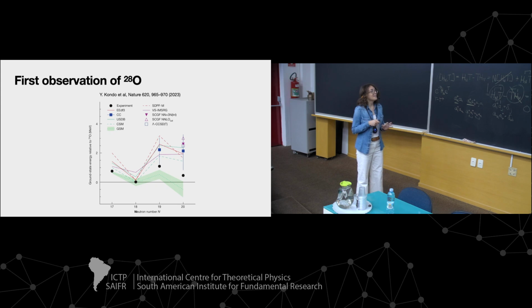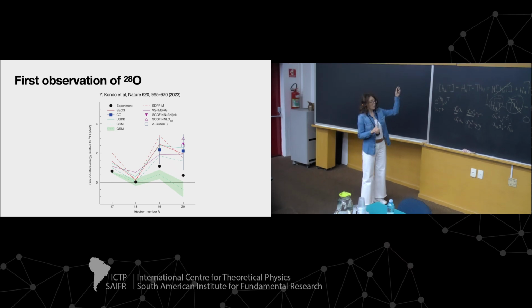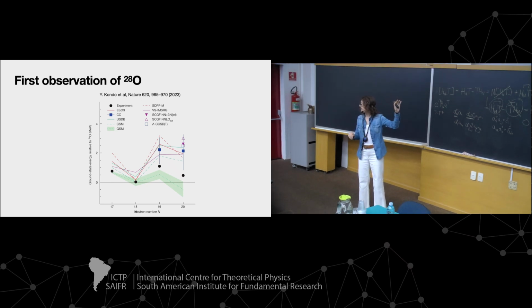Here we just calculate the ground state energy as I showed before, just solving our coupled cluster equations and looking at the lowest state that we get. It can also be unbound.